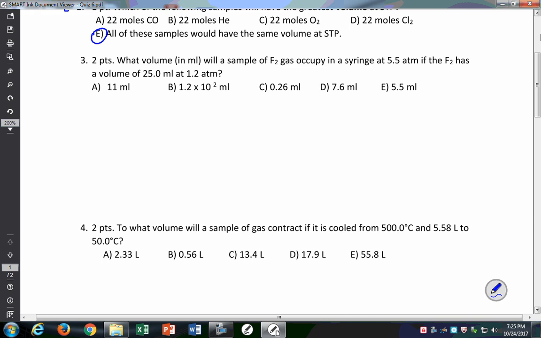Okay, so here, what volume in milliliters? Well, a sample of some gas, it doesn't matter, occupying a syringe. This is Boyle's law. At 5.5 atm, if the gas has a volume of 25.0 milliliters at 1.2 atm. So this is our P1V1 equals P2V2. What that says is, the more pressure, the smaller the volume.